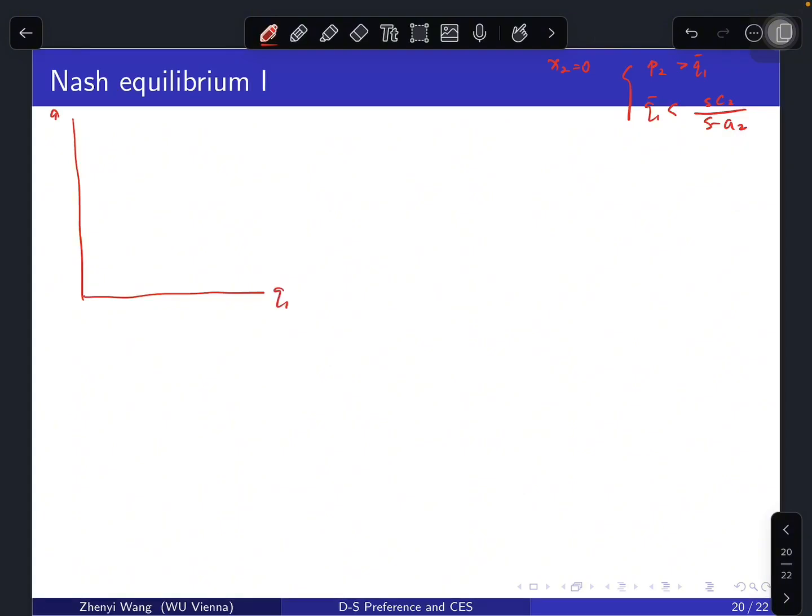We let the x-axis be Q1 and the y-axis be Q2, and we make use of the 45-degree line to represent when Q1 equals Q2. So in this region, Q2 is greater than Q1, and in this region, Q1 is greater than Q2.